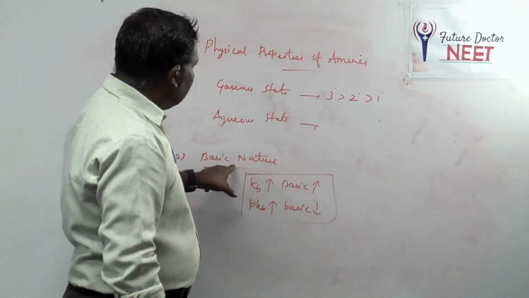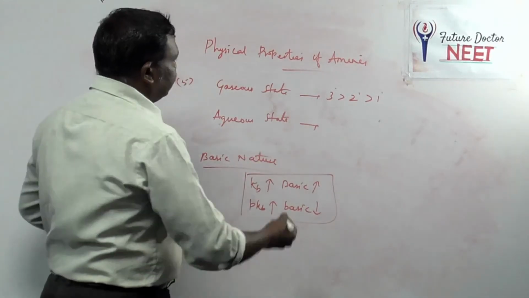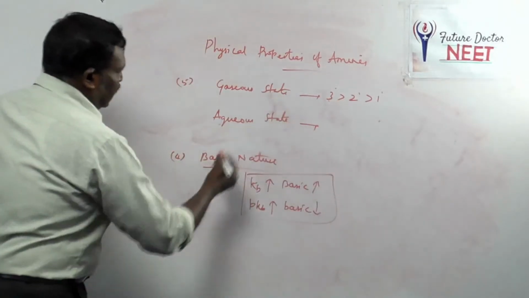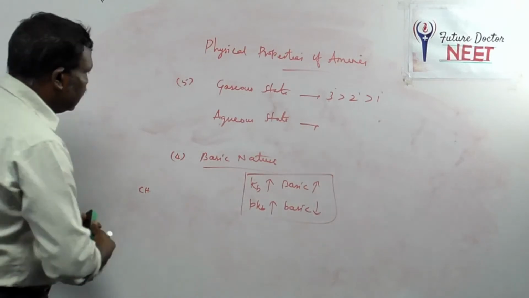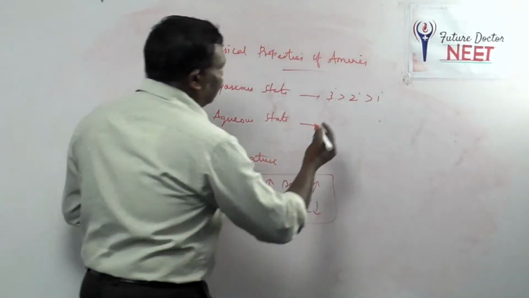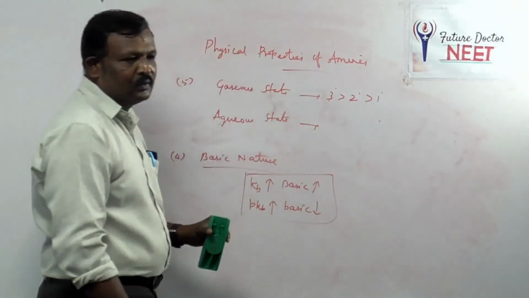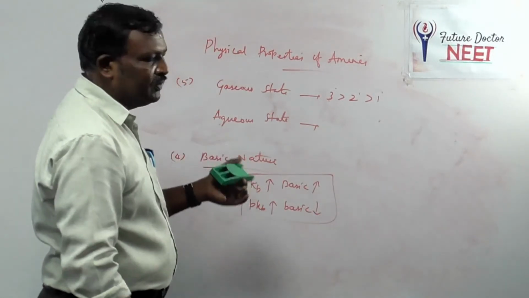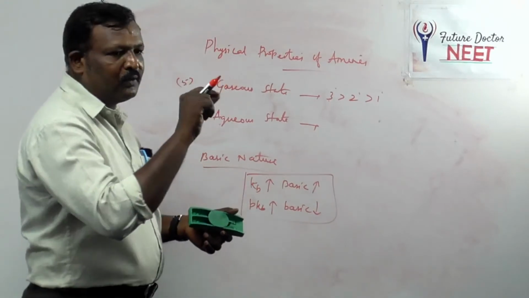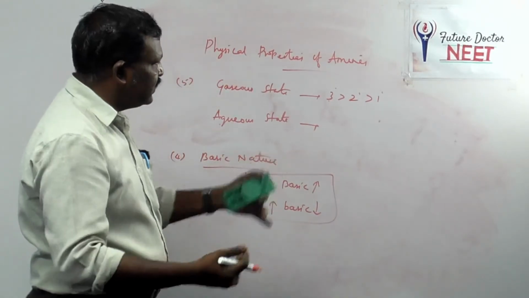Okay. See here, tertiary, I write it here. Amines are Lewis base or Lewis acid? Base. Amines are Lewis bases because of the lone pair of electrons on the nitrogen atom. Then only we are saying it's called a Lewis base.